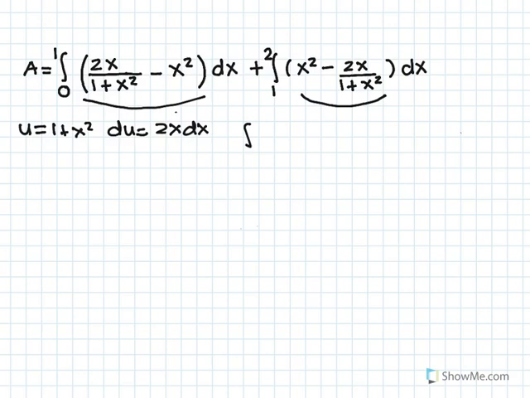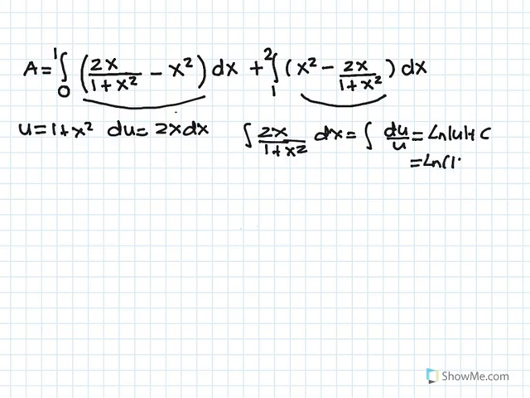So the integral of 2x over 1 plus x squared dx will be the integral of du over u. That's going to give us log of u plus c, and that's basically log of 1 plus x squared. We don't need the absolute value because inside the brackets is positive.